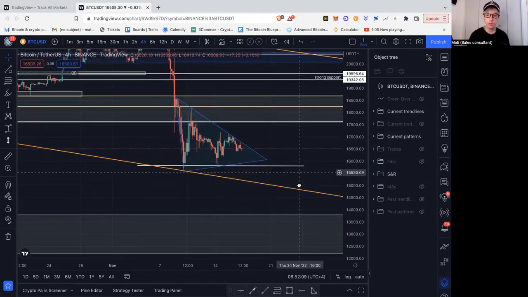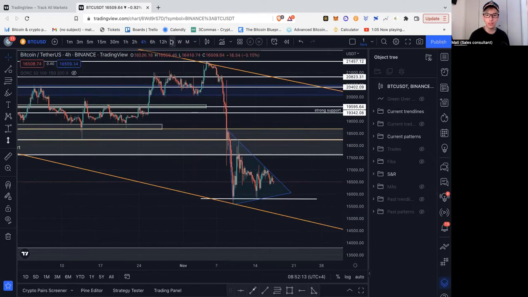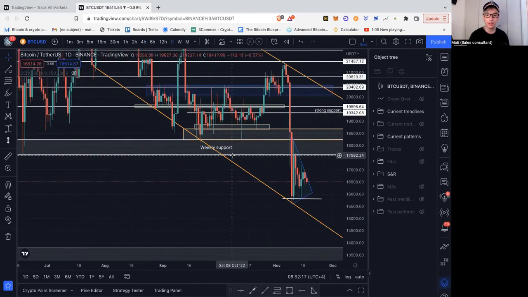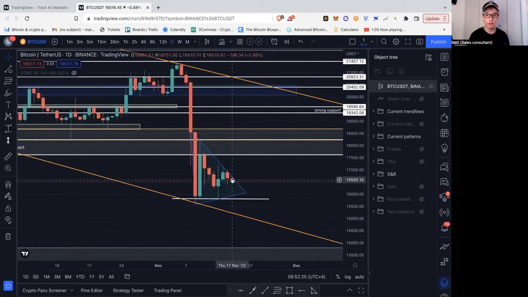So we can see I have marked on my chart these levels of resistance, which were previously support, but now the Bitcoin price broke below all of these levels. So if you're going to take a long position with a breakout towards the upside, be aware that we have all of these levels of resistance.